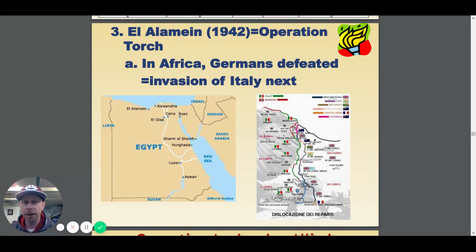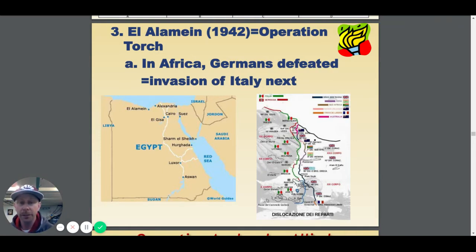Another famous and great battle during World War II is the Battle of El Alamein in 1942, otherwise known as Operation Torch. This is where famous Nazi tank operator slash commander Erwin the Desert Fox Rommel comes into play.